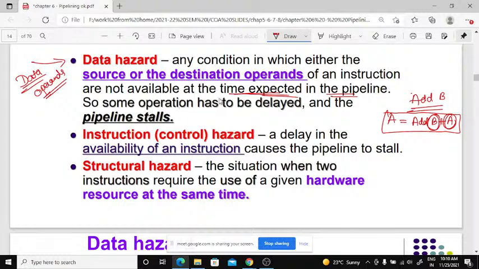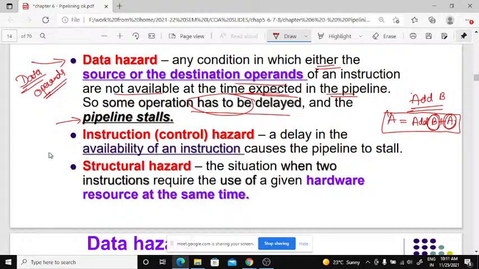So in a data hazard, the source or destination operands of an instruction are not available at the time expected in the pipeline. Some operation has to be delayed because data is not available. Then a pipeline stall will occur. Pipeline stall means there is a delay in the execution of an instruction.